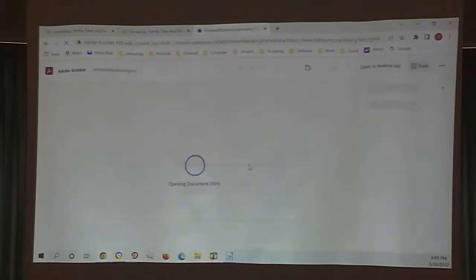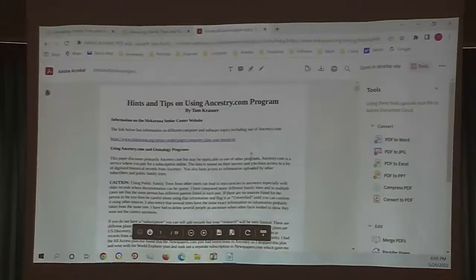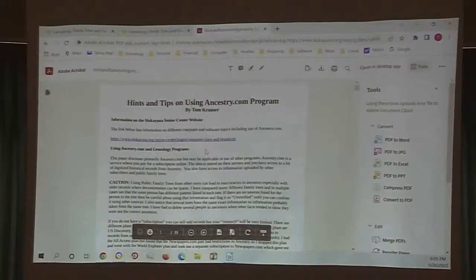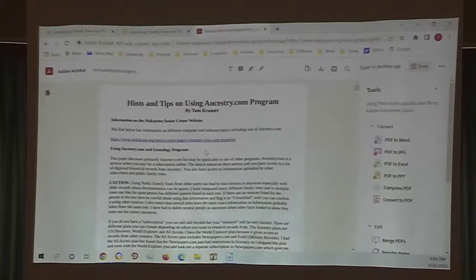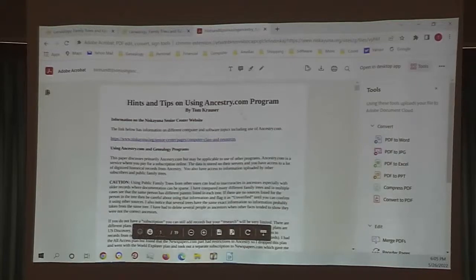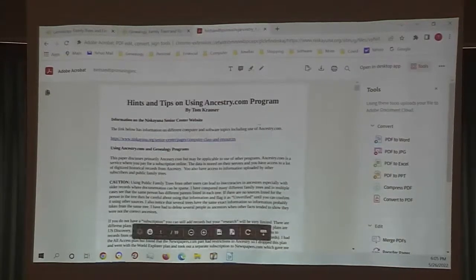And opening document. And there it is. So it's a 19-page paper that I created that's going to cover pretty much everything we're going to talk about tonight, as far as the hints and stuff go. There were some other papers I wanted to upload, but apparently they can't upload certain file types onto the website for you to download.